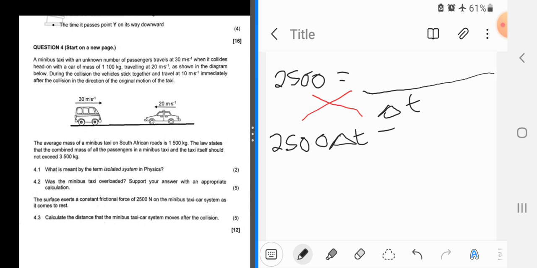So this is the 2500 we are given on the question paper. Then we will have the 2750, which is the 1100 mass for the small car plus the 1650 for the bigger one.